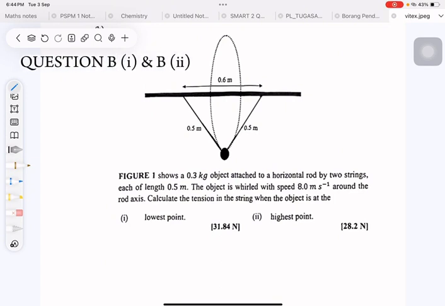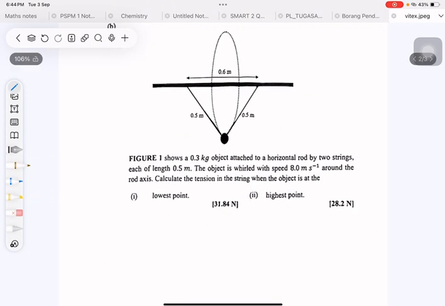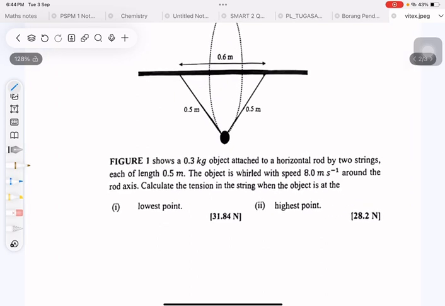Hello everyone. So now I will present the steps of solutions for 1B1 and 1B2. Okay, let's see the question first. Figure 1 shows a 0.3 kg object attached to a horizontal rod by 2 strings, each of length 0.5 meter. The object is whirled with speed 8.0 m s to the power of negative 1 around the rod axis. The question wants us to calculate the tension in the string when the object is at the lowest point or highest point.